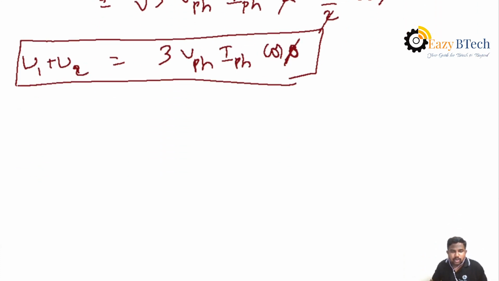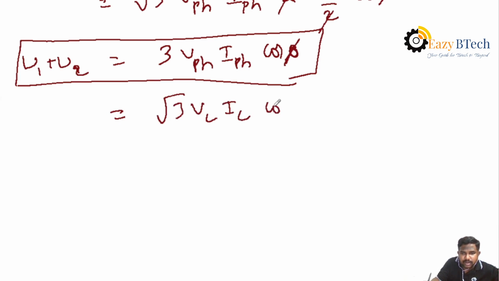Then you will get the total power in three-phase circuits: 3 VPH IPH cos 5. In the same manner, you can convert into line values also, that is root 3 VL IL cos 5, in the form of line quantities.